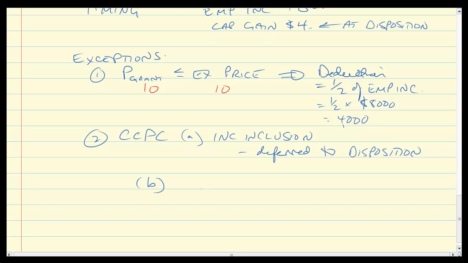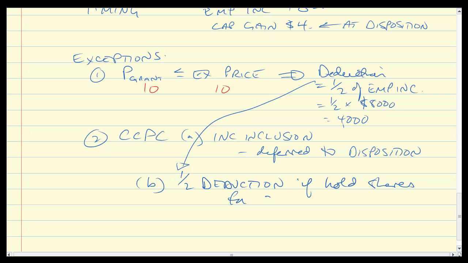And B, they can have this same deal, this half deduction, if they hold the shares for 2 years. So if you hold the shares for 2 years, you can still only pay tax on half of the employment inclusion, independent of this test that we talked about up here. So regardless of the strike price, if it's a CCPC, you can have this half deduction if you hold them for 2 years. Okay?